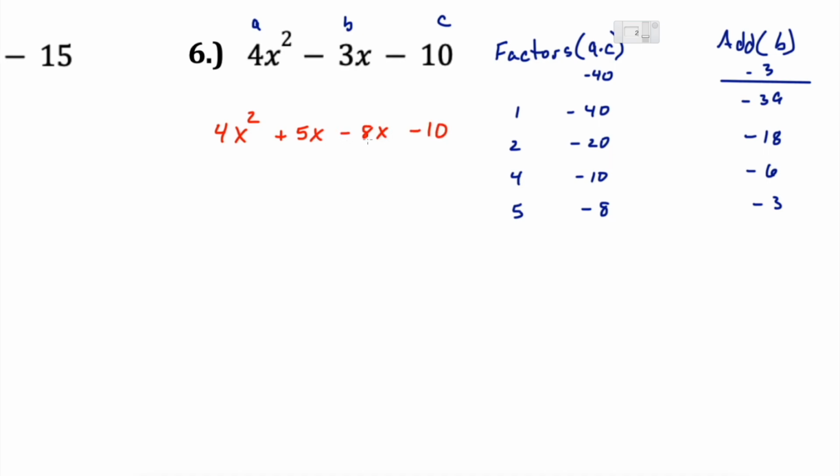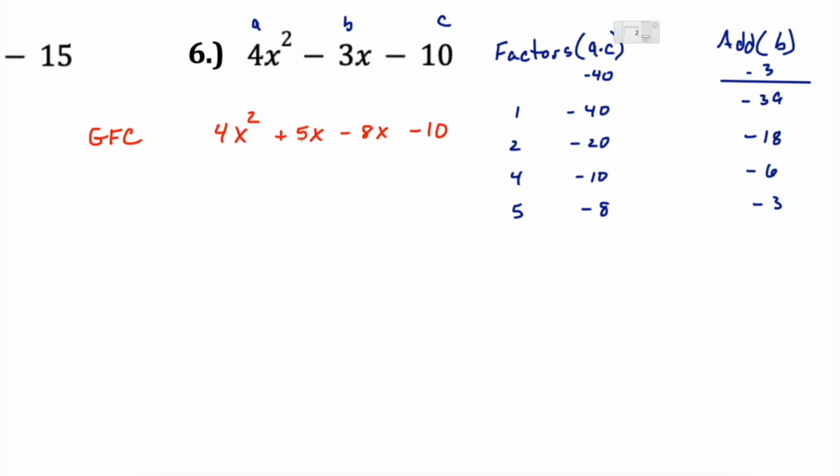Because 5x minus 8x is negative 3x, right? And those are the factors that gave me what I needed for my final term here. So now we have these two terms and these two terms, and now we're going to find the greatest common factor for the terms in these groups.